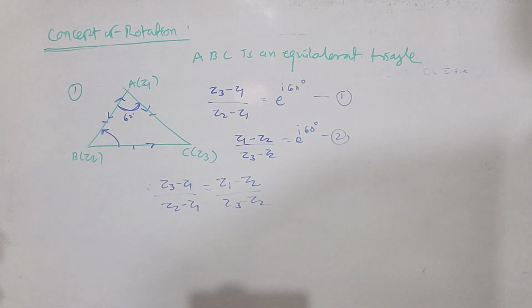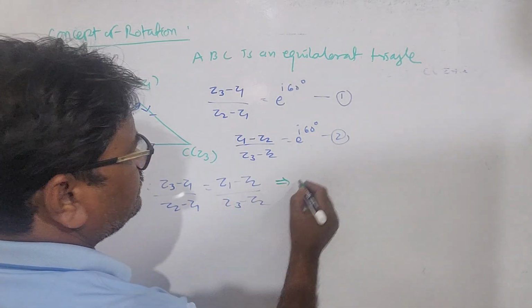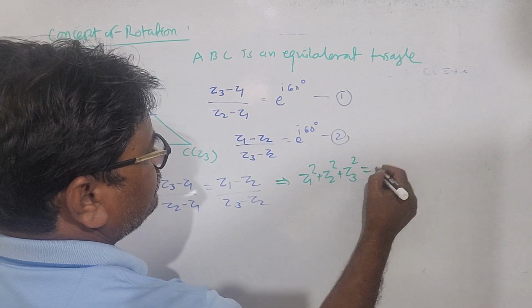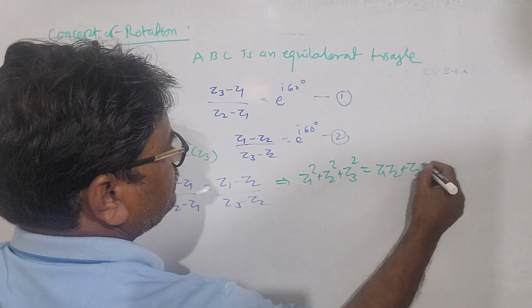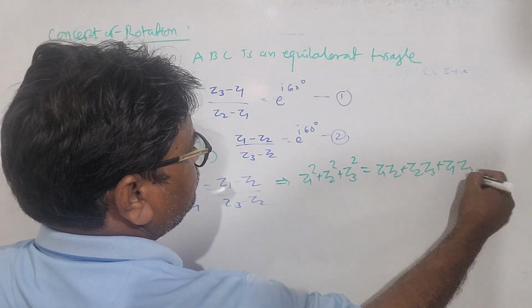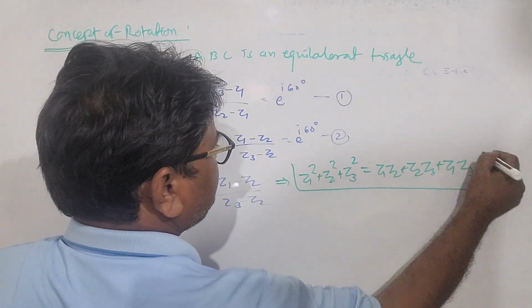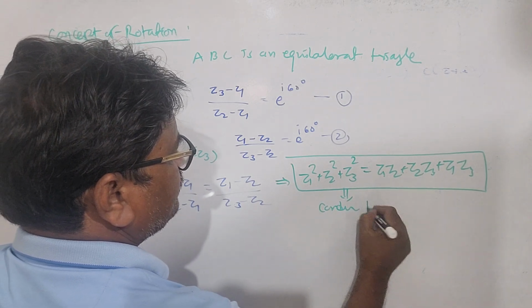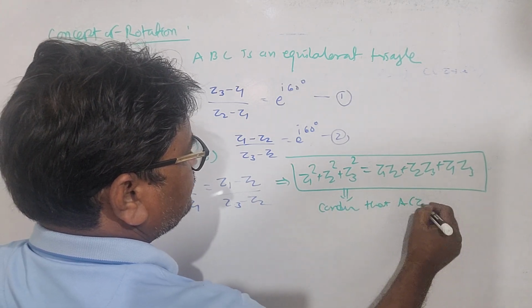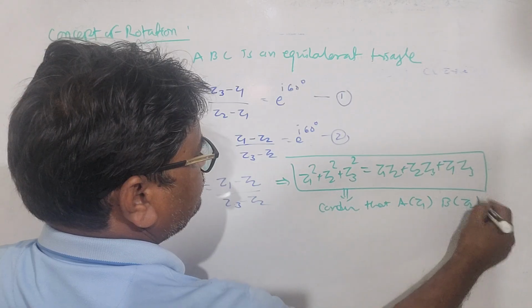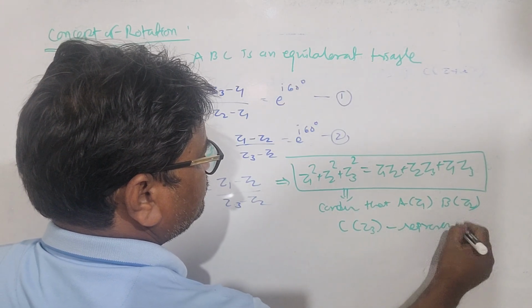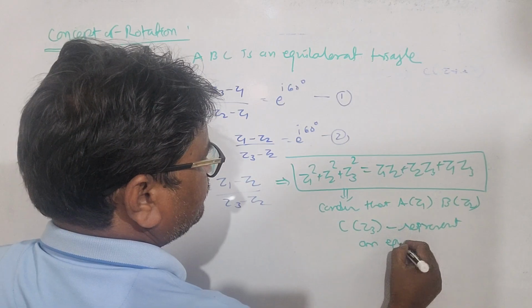Then you will get the important relation, the simplification of this will give Z1 square plus Z2 square plus Z3 square equal to Z1 Z2 plus Z2 Z3 plus Z1 Z3. So this is the condition that A Z1, B Z2, C Z3 represent an equilateral triangle.